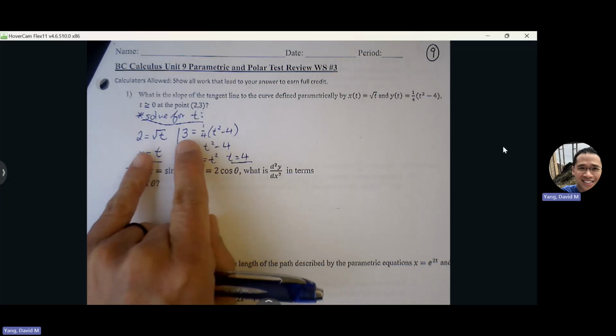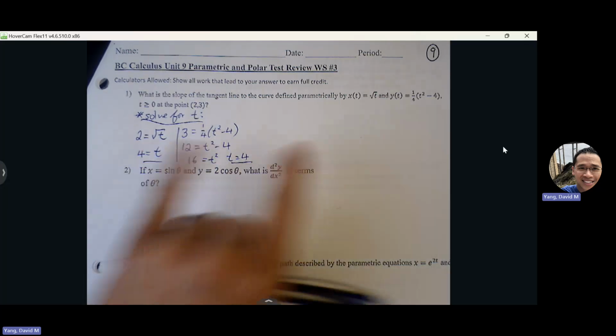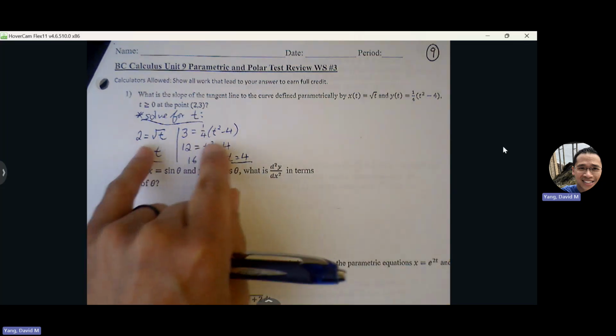So we find a consistent time when the graph is hitting that 2, 3 at the same moment.